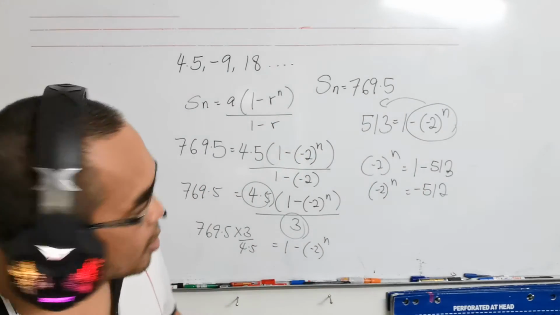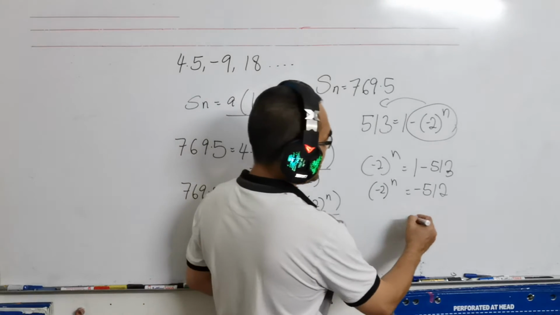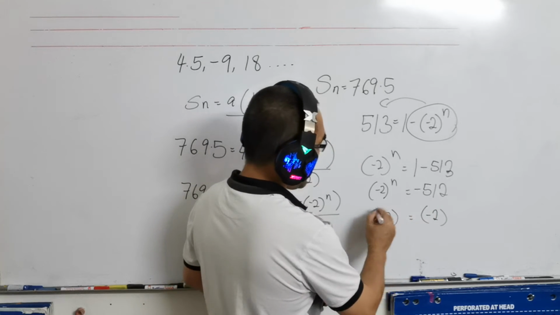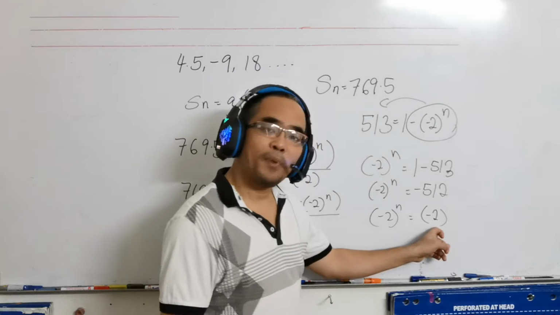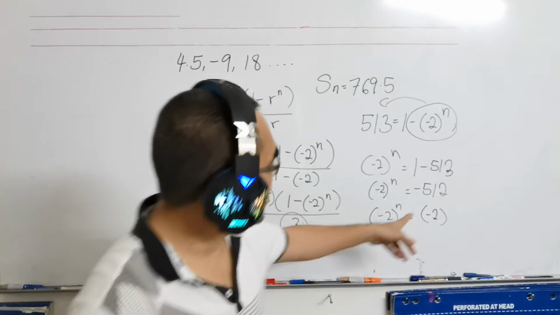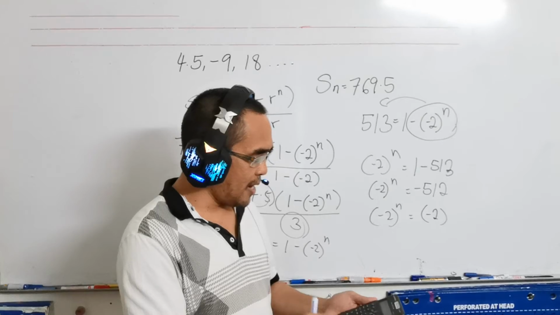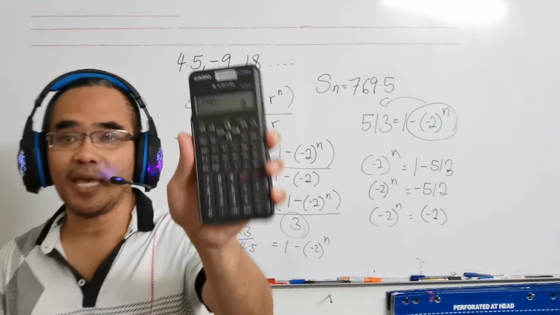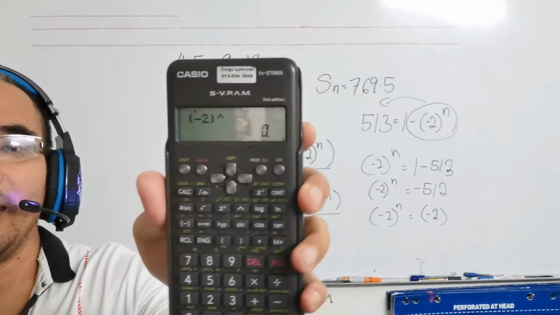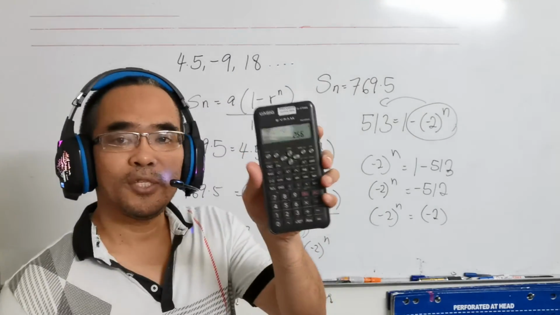And here is negative 2 to the power of n. So can we solve this using indices? Of course. You make this as in the bracket, and then this n, and now you press the calculator, you just try one by one. That is negative 2 to the power of whatever number you like. Make sure it's negative 2 inside the bracket. For example, you try power of 8, it is 256.